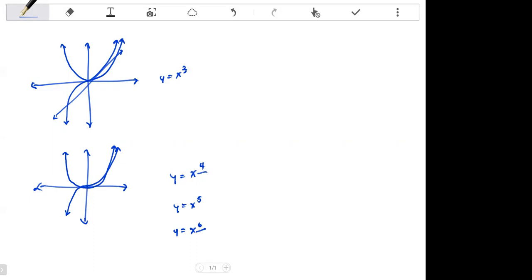If the exponent is an even number, it's going to look like this. The higher it is, the boxier it looks. And if it's an odd number, it's going to look like this. And the higher the exponent is, the boxier it is as well, right?